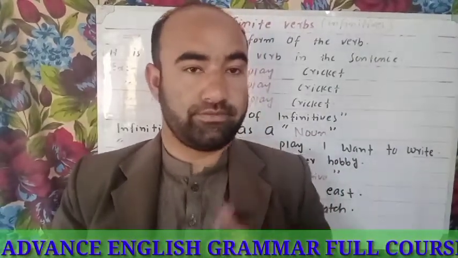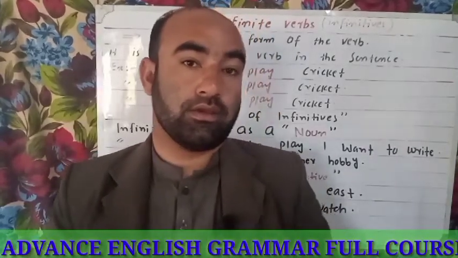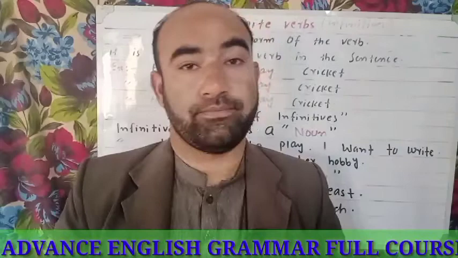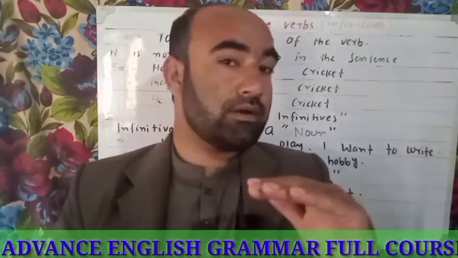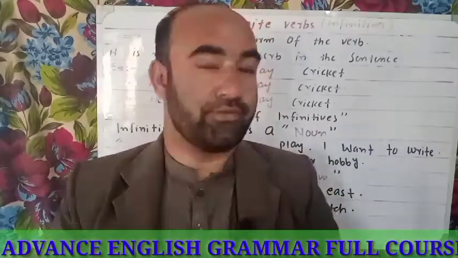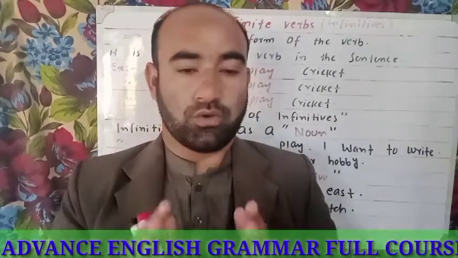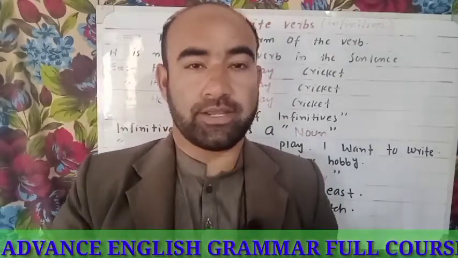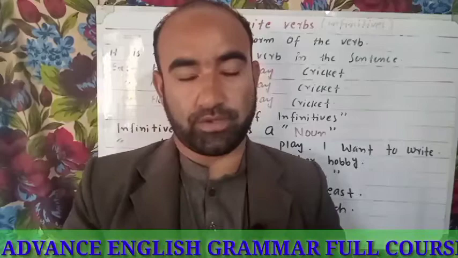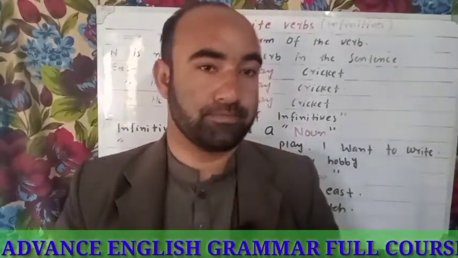Go, first form. Goes, second form. Going, third form. Went, fourth form. And the fifth form, gone. Go, went, gone. So they become 5 forms. The verb has 5 forms.